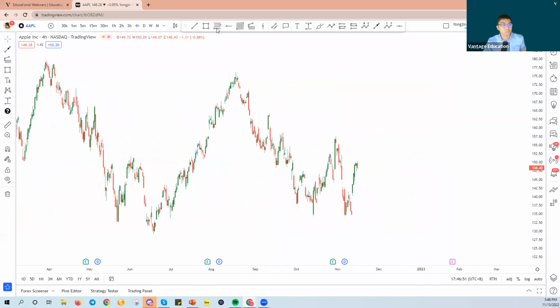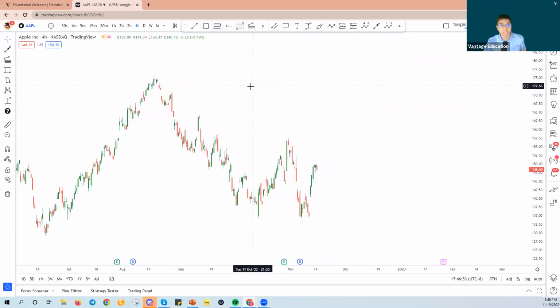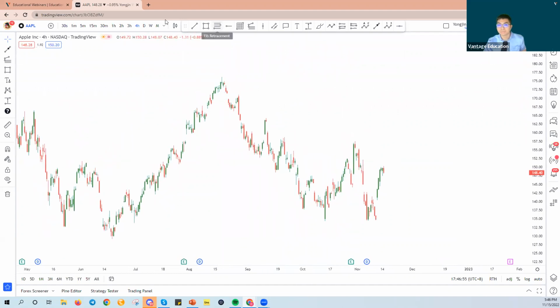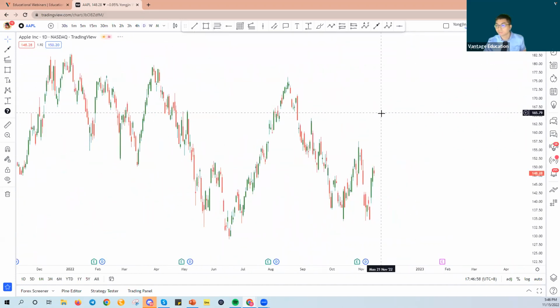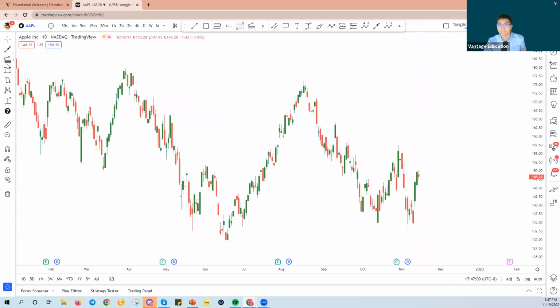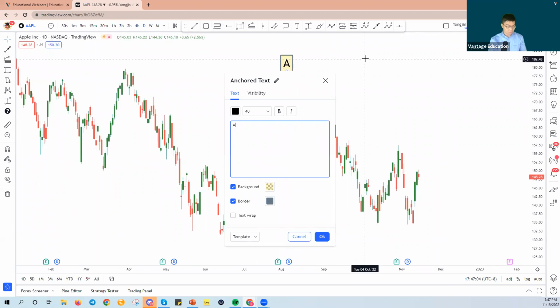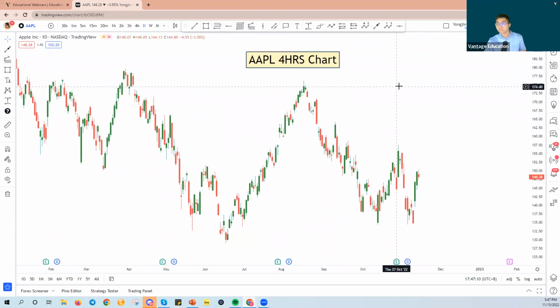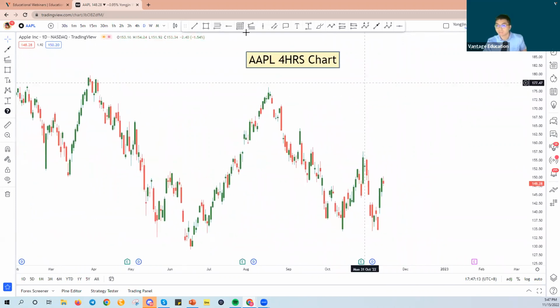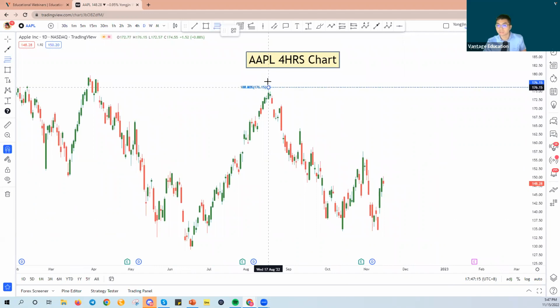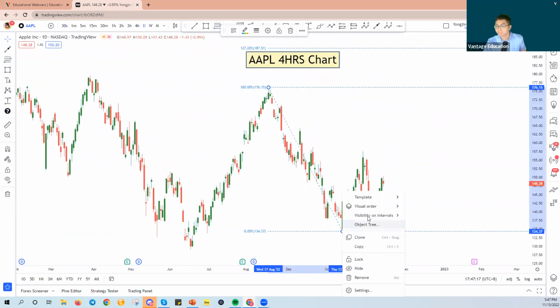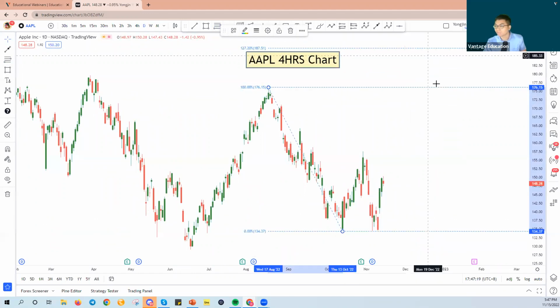Okay, let's say we are taking a look at Apple, we draw a very nice Fibonacci. This is on the 4 hours, so maybe you go on to the daily. Same thing, I'll draw it out. I'll state it as the anchored text: AAPL 4 hours chart. With the AAPL 4 hours chart, we can draw a very nice Fibonacci line all the way down. Turn on all the templates of Fibs.